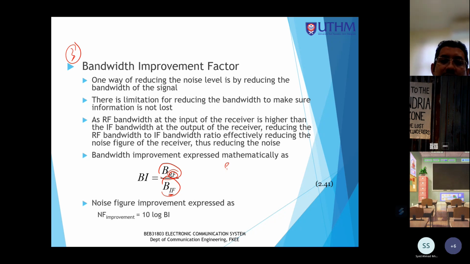Okay, so this RF frequency is the frequency that we receive at the antenna. Okay, IF adalah intermediate frequency, iaitu frekuensi inside receiver.